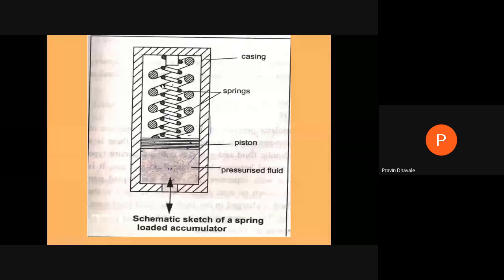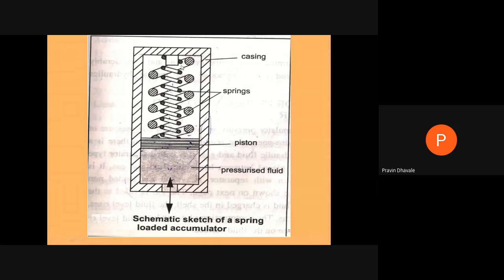No doubt this will be the piston, and in the previous figure this was the piston rod, and on that rod there was weight. Here the dead weight is replaced by the spring. Are you getting? Means this will be the cylinder which has one opening at the base, and it is provided with the piston, and the piston on the back side is provided with the spring, right?